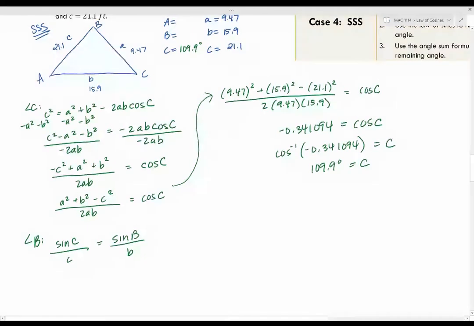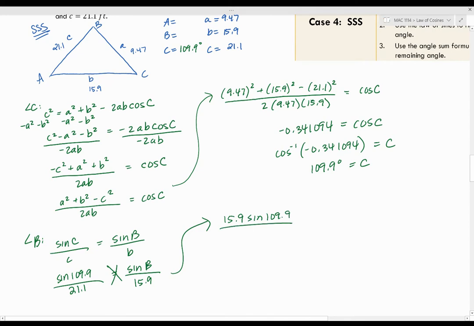And I'm going to fill in what I have: sine of C over 21.1 equals sine of B over 15.9. I'm going to cross multiply. That gives 15.9 sine C equals 21.1 sine B. I need sine B by itself, so I'm going to divide by 21.1.